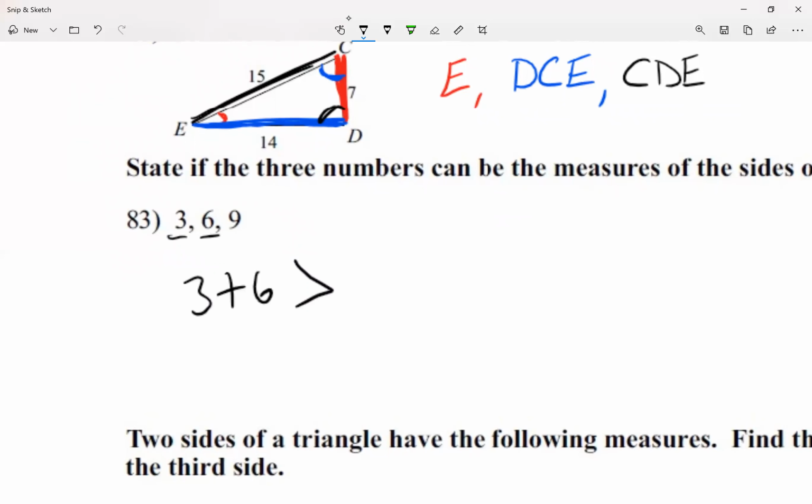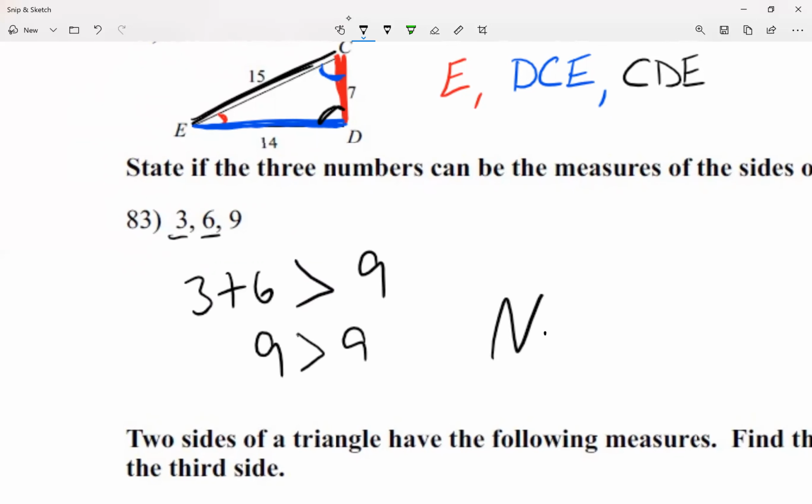This has to be bigger than the other number. I know 3 plus 6 is 9. Is 9 more than 9? No. All right, so my answer is no. I add the 2 small numbers. It has to be more than the big number. Not equal, not less, more than.